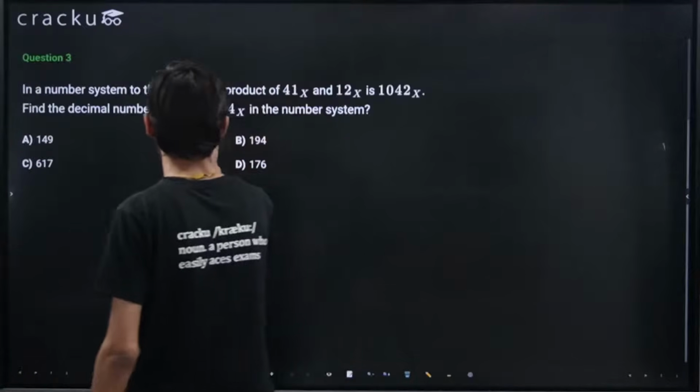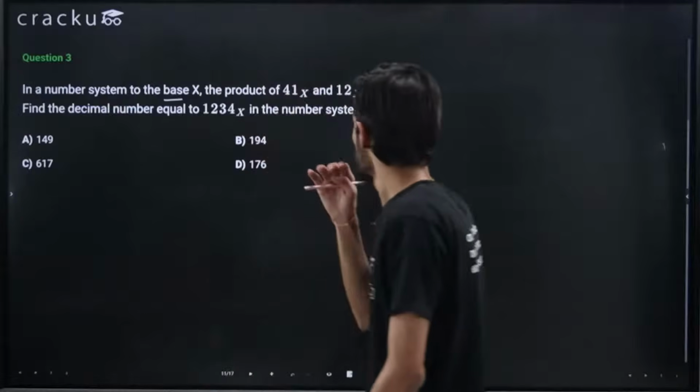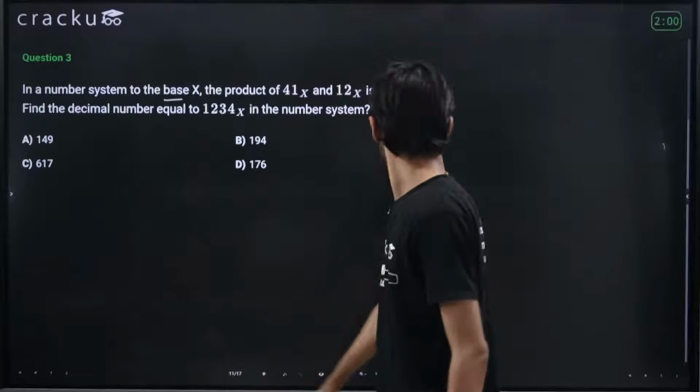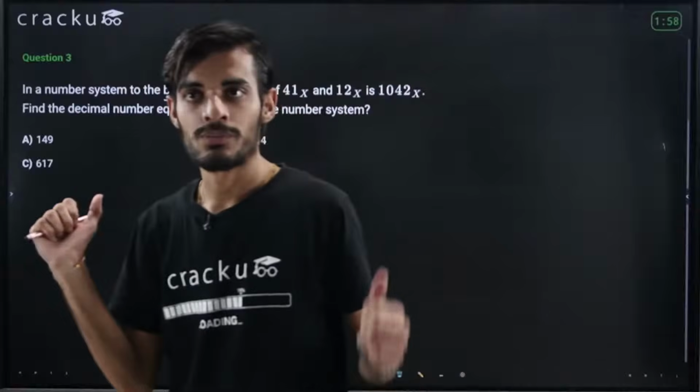Okay, this is from base system. Try to solve it. You have 2 minutes time. Try to attempt this question.